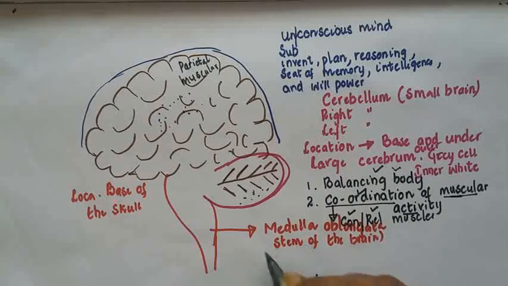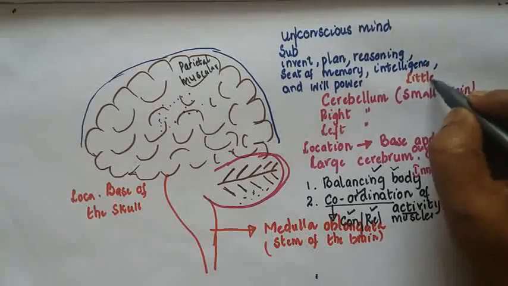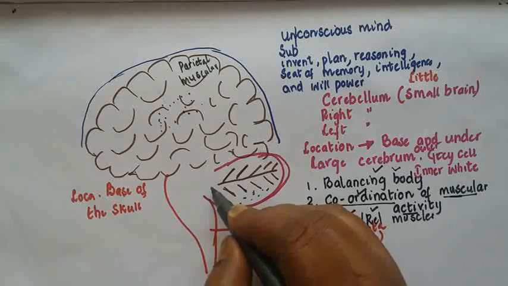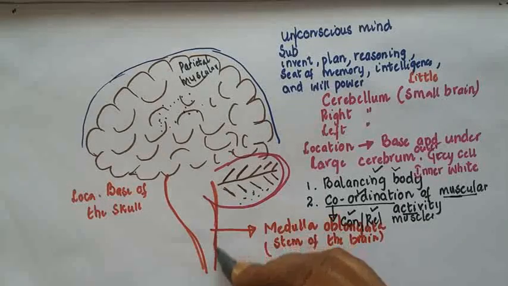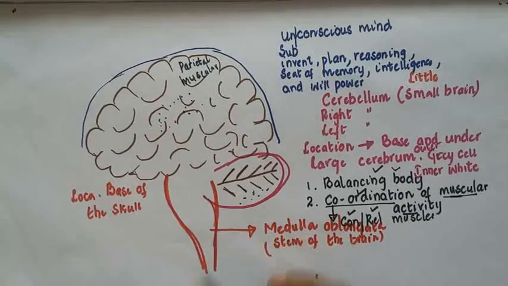As we name the cerebellum a small brain or a little brain, in the same way the medulla oblongata is named the stem of the brain, found at the base of the skull. If you look at the medulla oblongata, it is roughly triangular in shape, right? So what is the shape of the medulla oblongata? It is roughly triangular in shape.